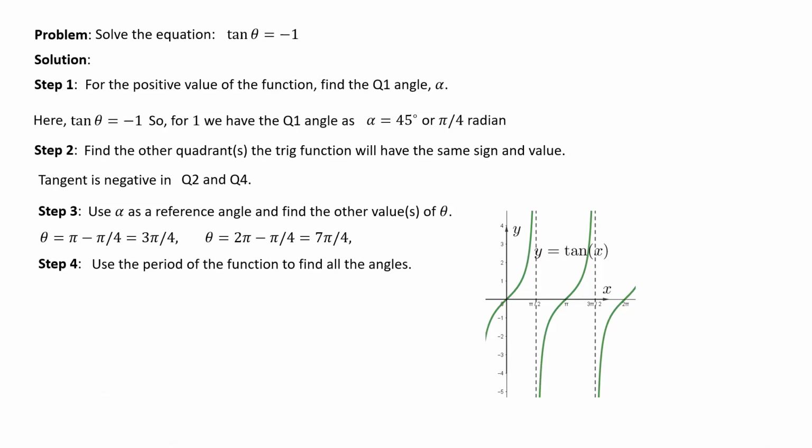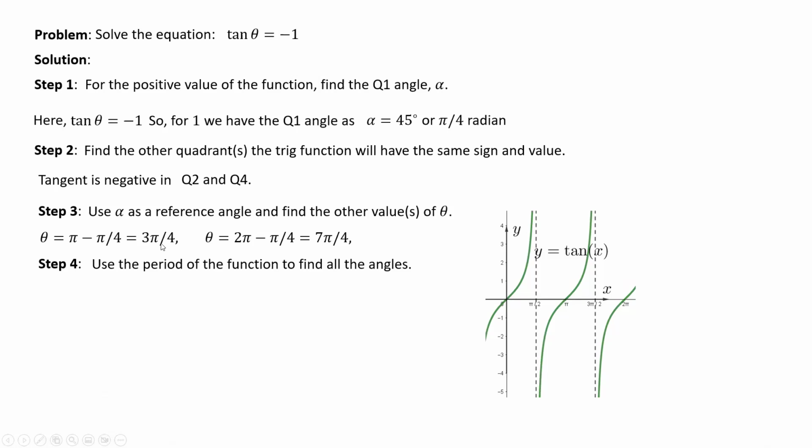Whereas for sine and cosine, the period is 2 pi. For tangent and cotangent, the period is pi. Cool. So what do we do with that? Now that we know that the period is pi for this tangent function, what should we add to 3 pi over 4?